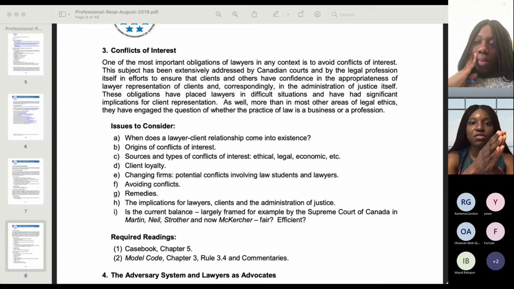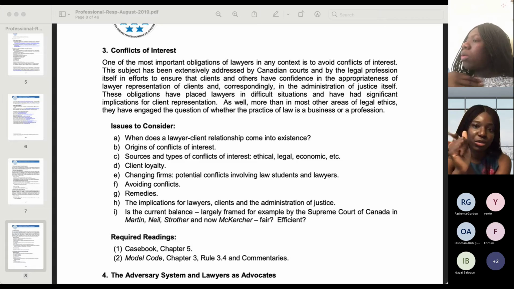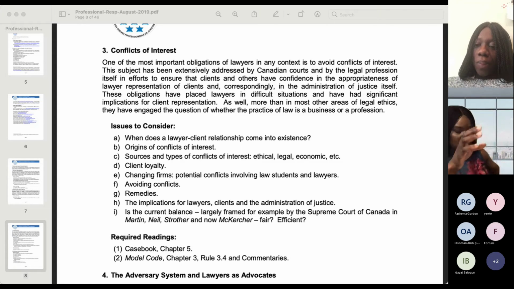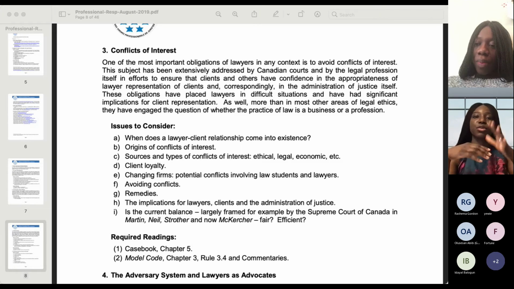So under the duty of confidentiality, there are different people that you must be loyal to, right? You must be loyal to your former clients and loyal to your current clients. So for example, you can have a conflict of interest between a former client and a present client. You can have a conflict of interest between 2 current existing clients.